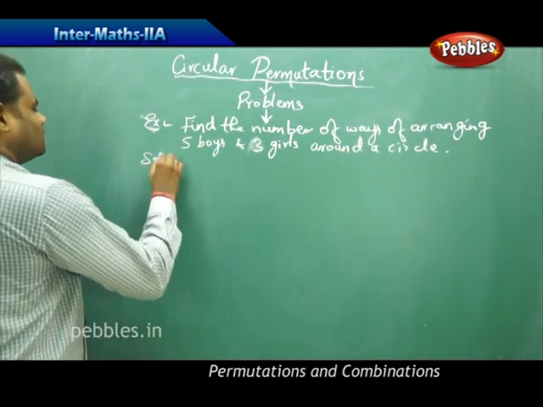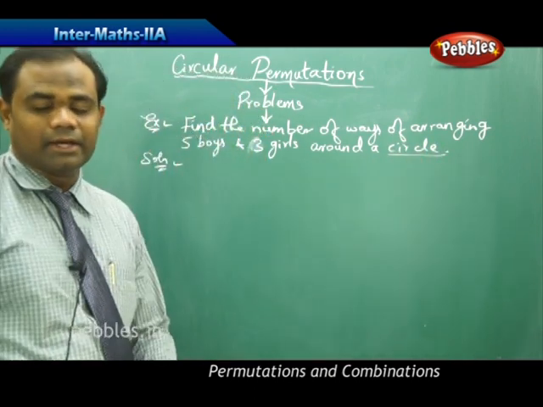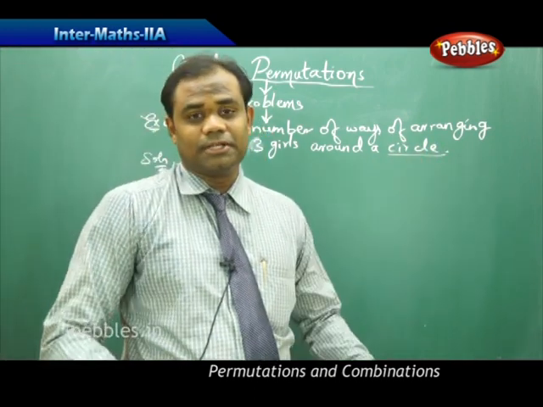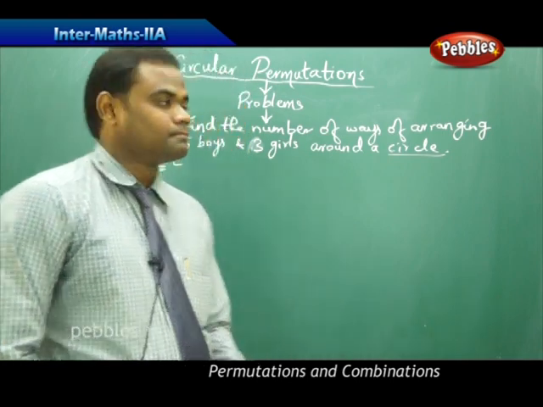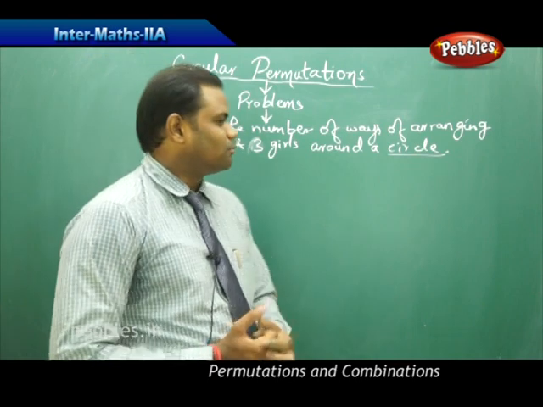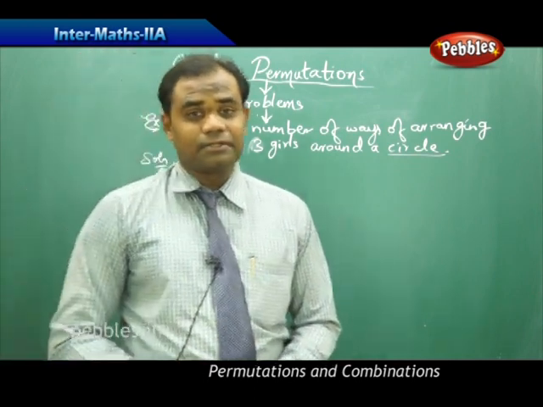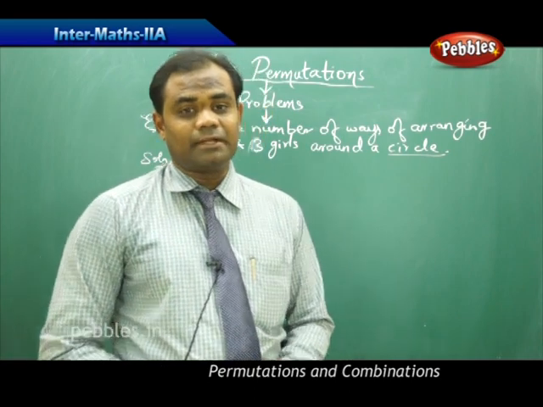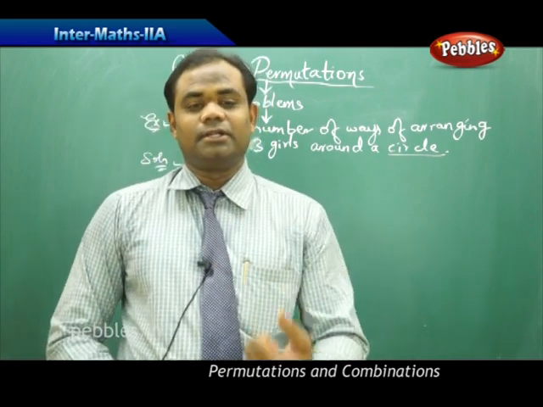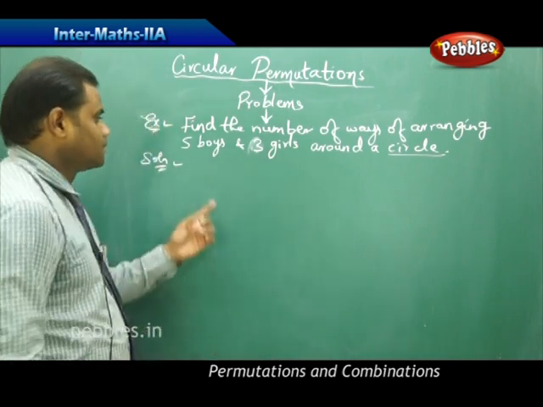Here I clearly identify the circle and hence the arrangement is a circular permutation. Definitely I take direction into account because it really matters if I arrange them in a clockwise or anti-clockwise direction.